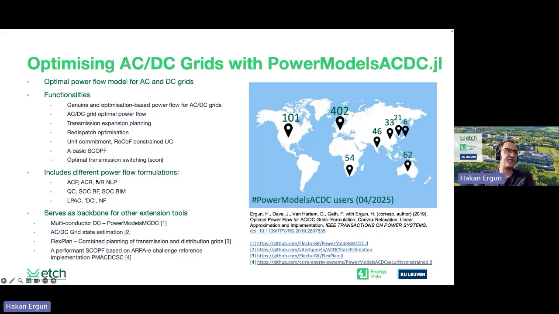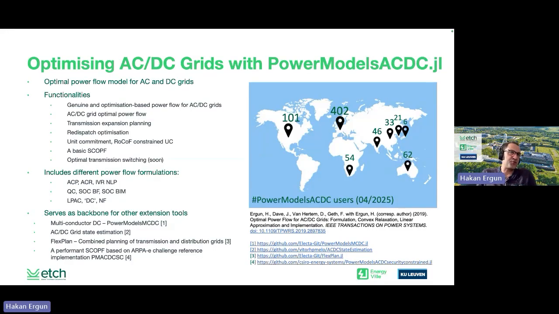And between the linear formulations and the nonlinear equations, we also have a number of different relaxations, so quadratic or second-order cone formulations as well. And the whole tool is built up in a plug-and-play way that you can just choose which formulation you want in order to solve the type of problem that you want to solve.